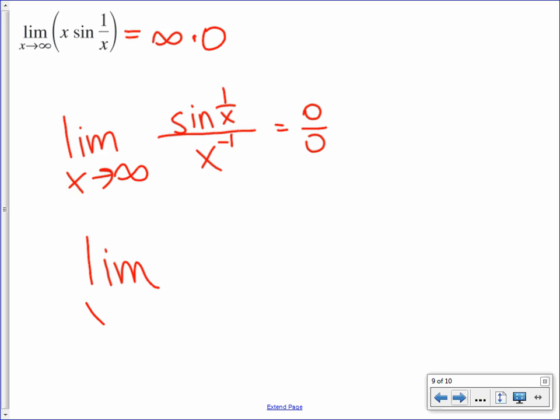What's the derivative of sine of 1 over x? Cosine of 1 over x times the derivative of 1 over x, which is negative 1 over x squared.